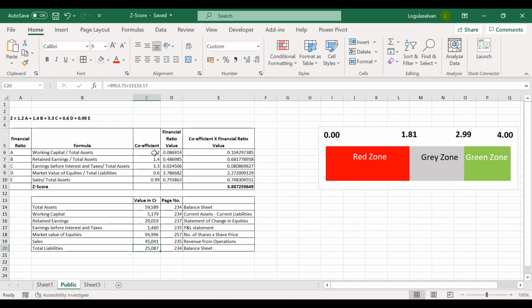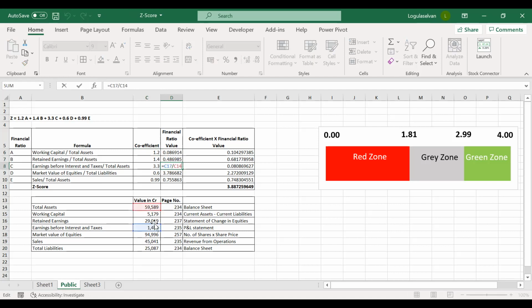Next, I am calculating the Z score value, for which first I have to calculate the financial ratios, which are A, B, C, and D. Here, the first one is working capital divided by total assets. The second financial ratio is retained earnings by total assets.